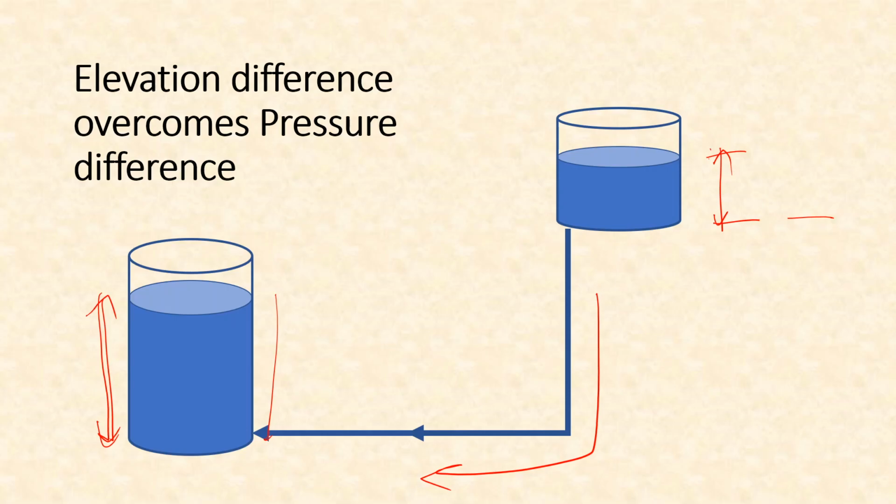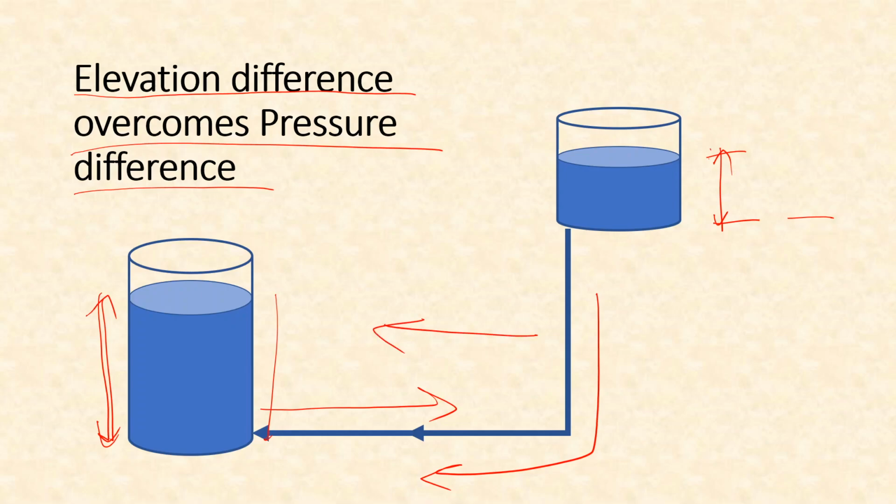In this case, therefore, elevation difference has overcome the pressure difference. The pressure difference is trying to push it this way, but the elevation difference is trying to push it this way. And since the elevation difference is bigger, it can push it in this direction.